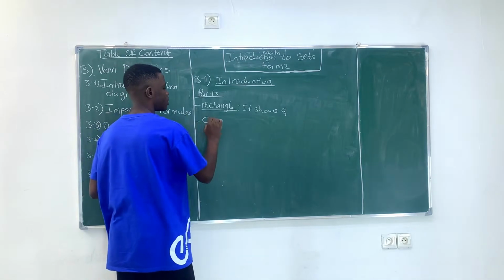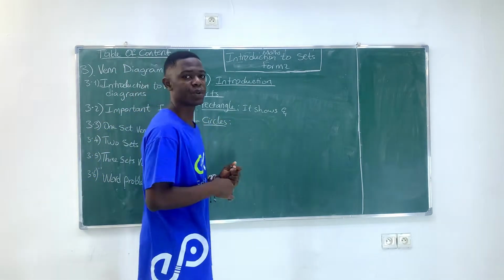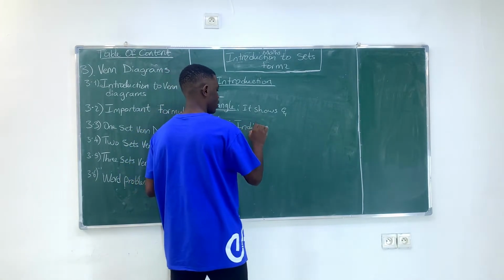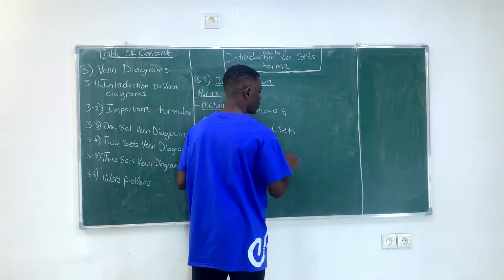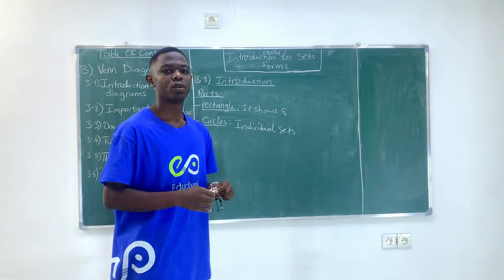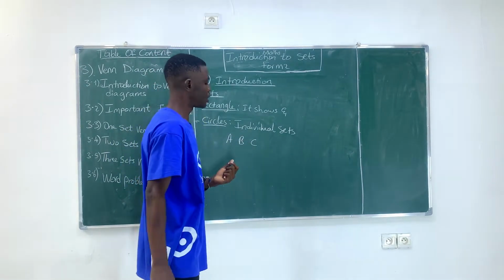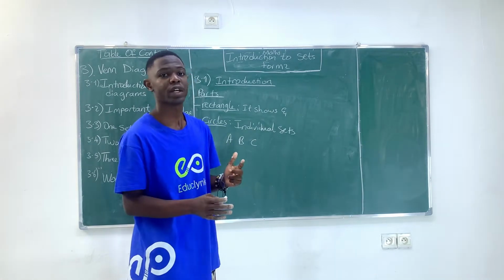We have circles, which represent individual sets. So a set, your set A, or B, or C, can be represented by a circle in a Venn diagram. It's always represented by a circle.